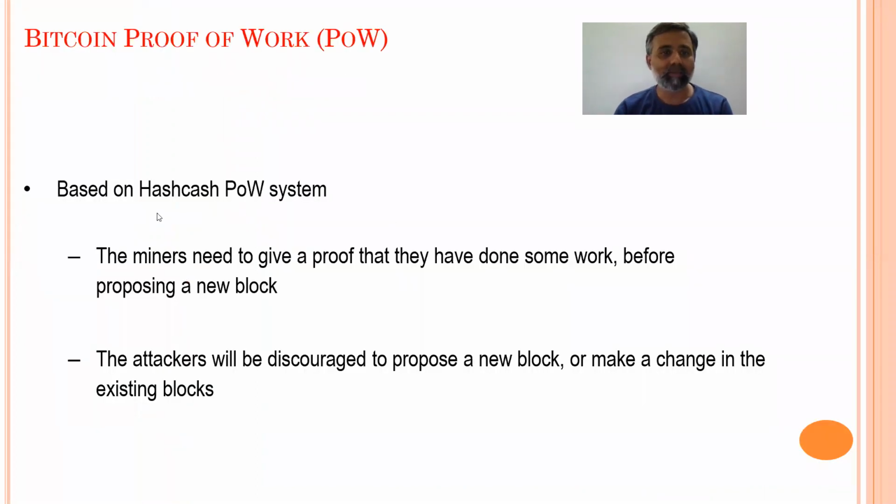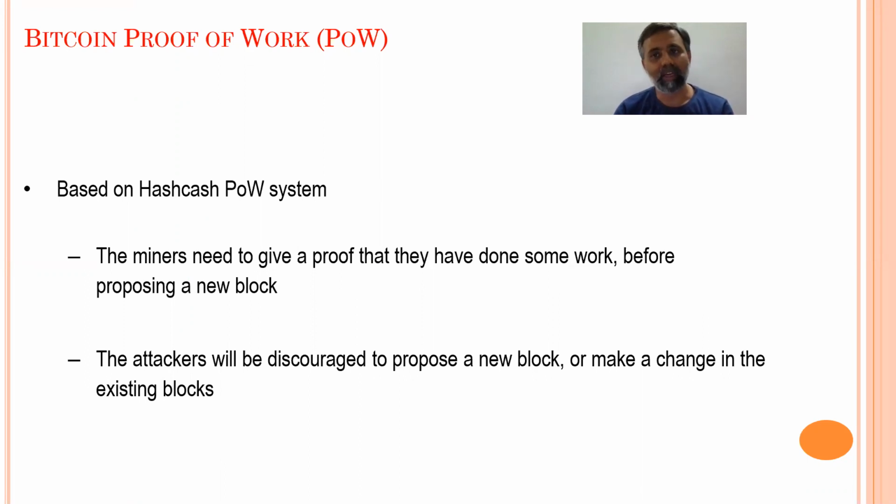So in the hash case proof of work system, any miner can propose a new block only when he gives a proof of some work. That is, the challenge proposed by the network, the miner will have to solve first.